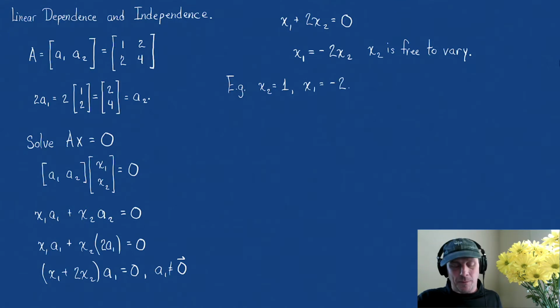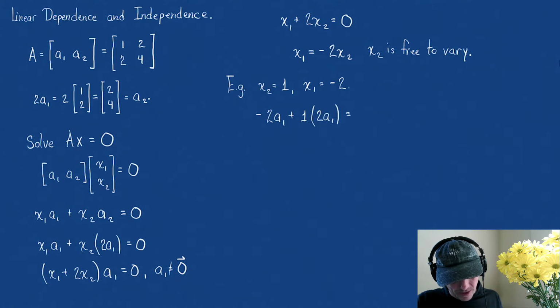Let's just see, does that equal 0? Well, if I write my linear combination, that's minus 2 times a1 plus 1, that's my x2, times 2 times a1. Well, clearly that's minus 2 a1s plus 2 a1s, that's 0.